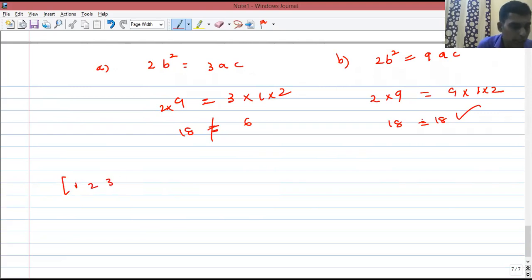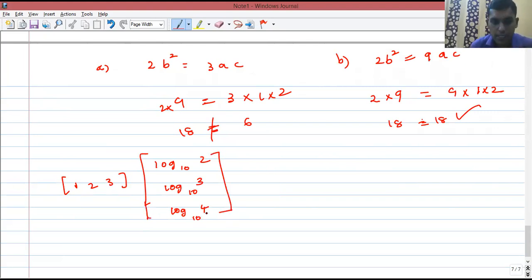1, 2, 3, and then log 2 to the base 10, log 3 to the base 10, and then log 4 to the base 10. These types of questions can be easily solved.